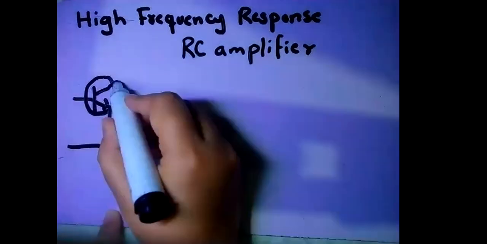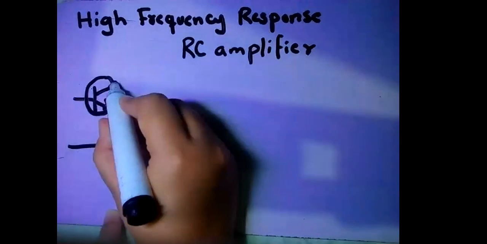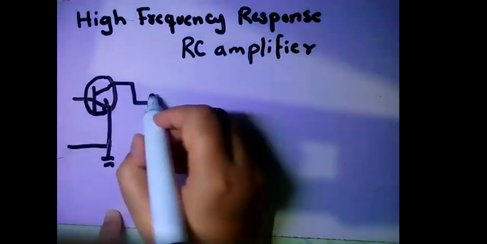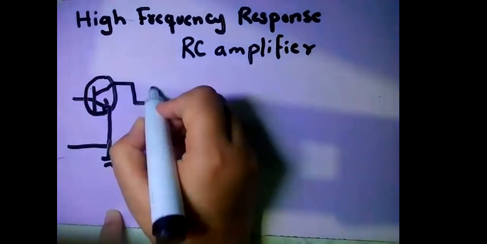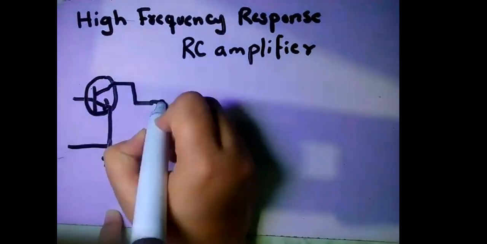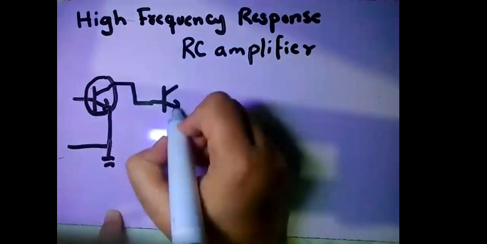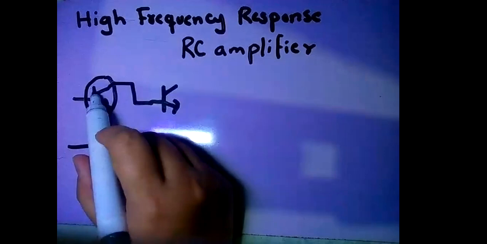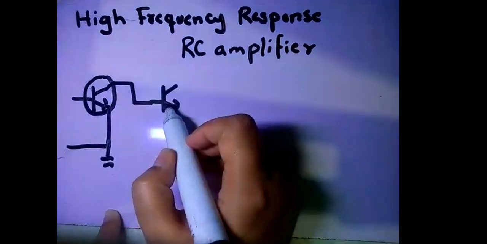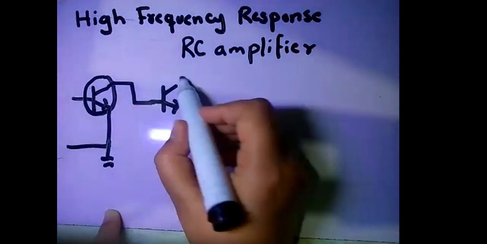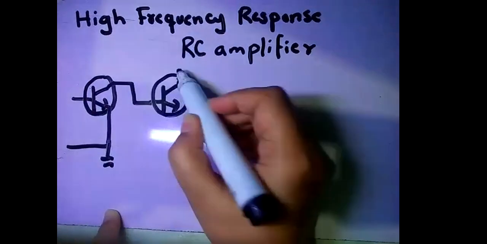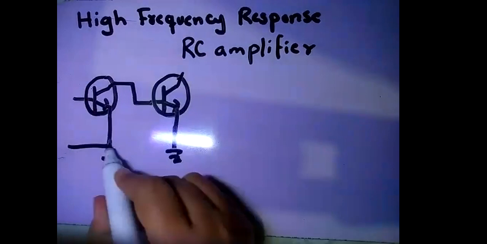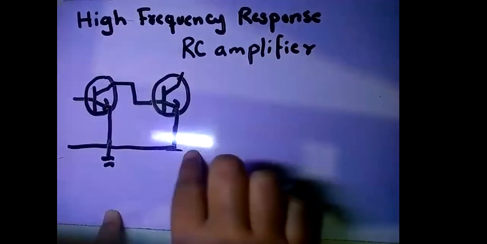The collector, which is responsible for supplying the input to the second stage transistor, is coupled to it like that. The output of one stage transistor is coupled with the input, or the base, of the second stage transistor.